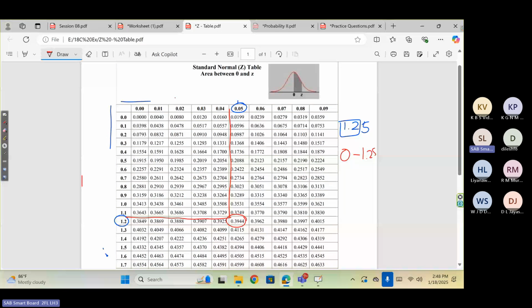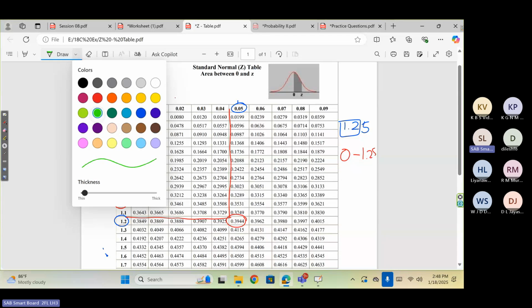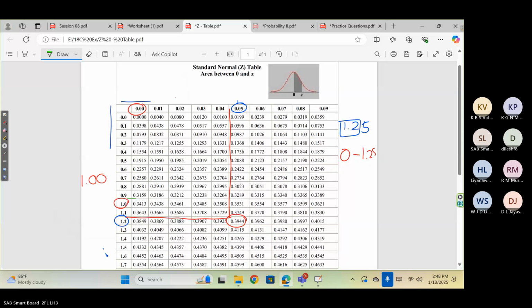It means 1.00, decimal place 0, so 1.0. What is the probability value? 0.3413.